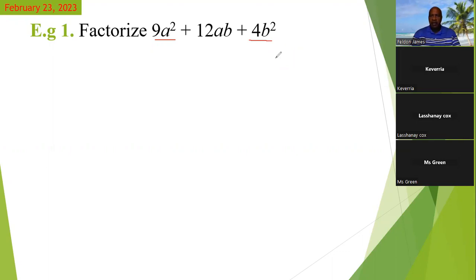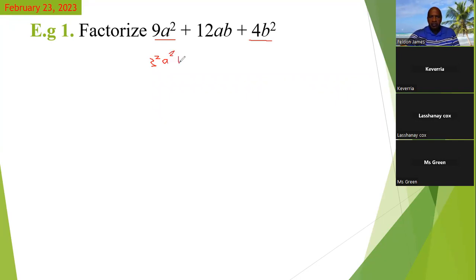So what number can we write 9 as in square form? 3. We can write it as 3 squared. And we write it as 3 squared instead of 9 because we want to establish that the first term is a square term. That's why we're writing it in its square form. So now we put back the a in its square form.